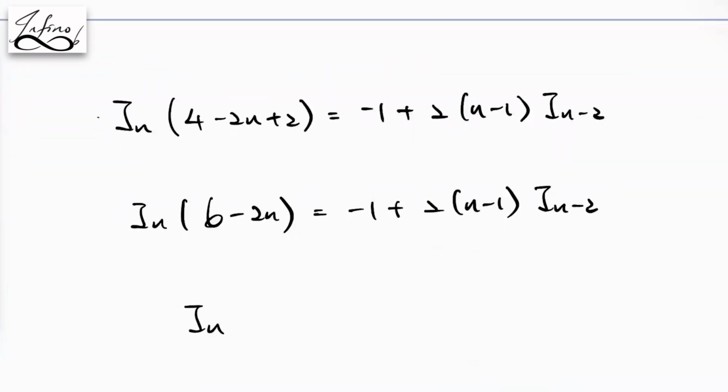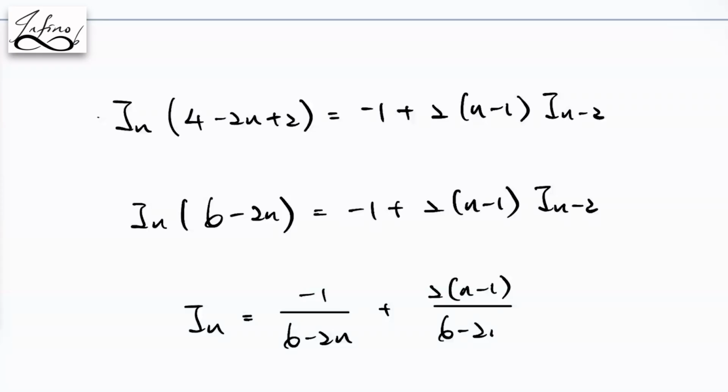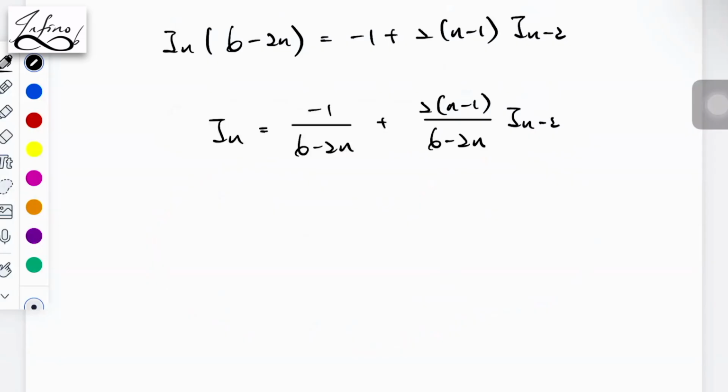And the final step will be just simply I_n equals negative 1 over (6 minus 2n) plus 2 bracket n minus 1 over (6 minus 2n) I_(n-2). If I want to make the answer more beautiful, then I can actually take out the 2 as well.